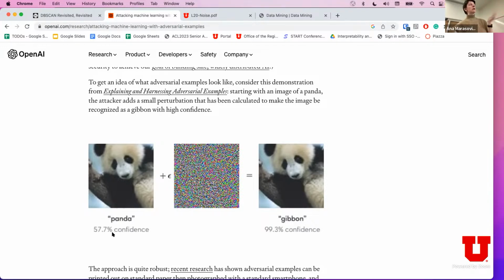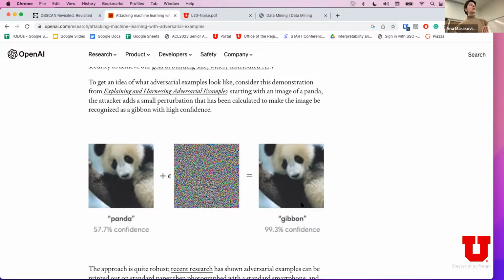it will say with some moderate confidence that's a panda, so you're happy. But you are giving some small noise, which is here moderated by this variable epsilon, and now you have, to human eyes, an image that looks exactly the same, but the model will be totally thrown off by it and will have very high confidence in this misclassification.